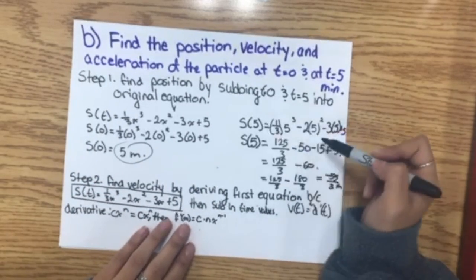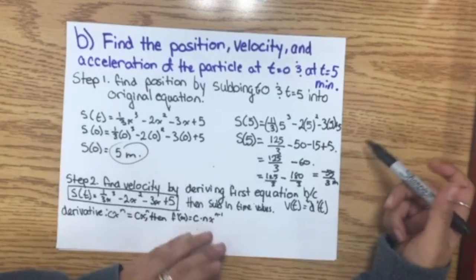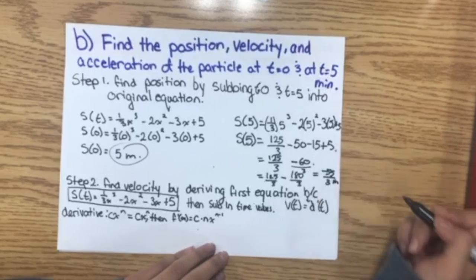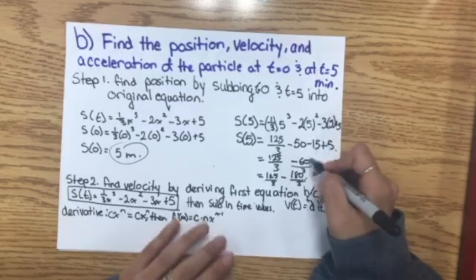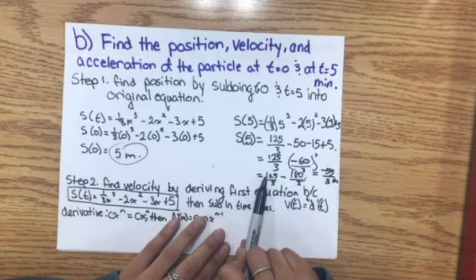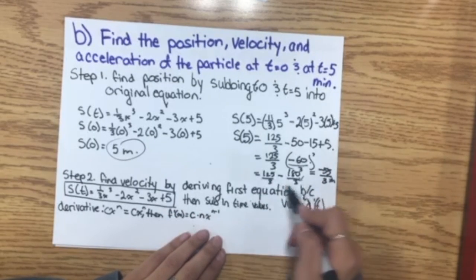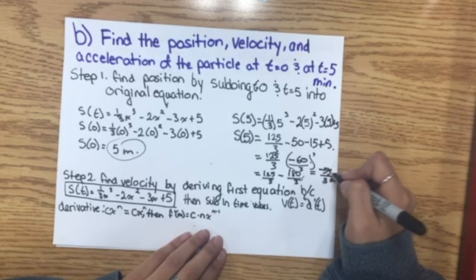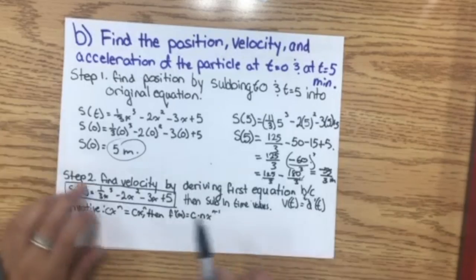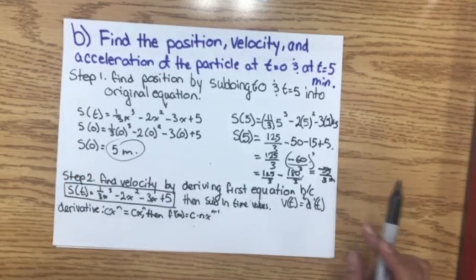Then we sub in 5 into the original equation. We do the math, and then we subtract, and make this over 3. We're left with 125 minus 180, all over 3, which is equal to negative 55 over 3 meters. So that's our position for s at 0 and s at 5.